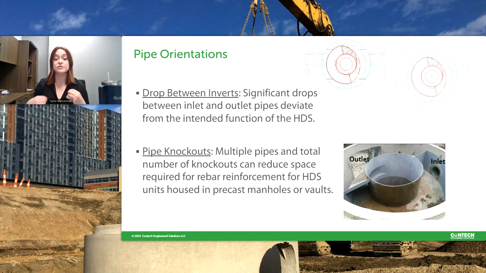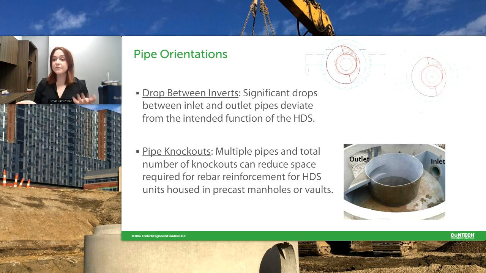One of the most common issues I also see, and that I personally run into, is your pipe sizes and knockout sizes. You might have a 24-inch RCP pipe, but that concrete pipe is actually 6 inches thick on either side. So if you're putting that into, say, a 4-foot manhole, you just went from a 24-inch pipe into a 4-foot manhole.